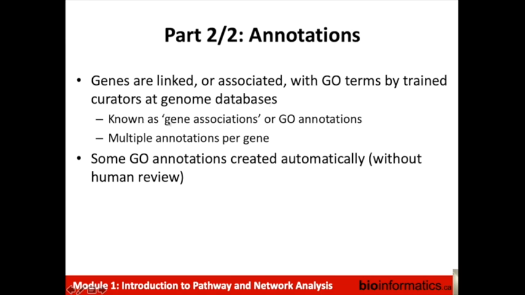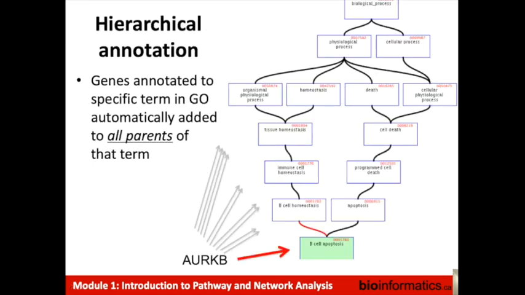These links between genes and terms in the ontology are known as gene associations or GO annotations. Multiple annotations are possible per gene, and frequently genes have many different terms associated with them. Some gene ontology annotation is created automatically without human review, and this tends to be lesser quality, so it's important to understand that there are two types of annotation, which I'll explain more in a bit.